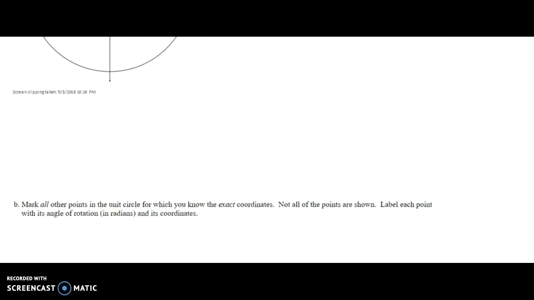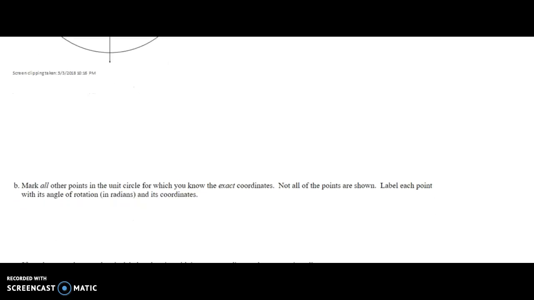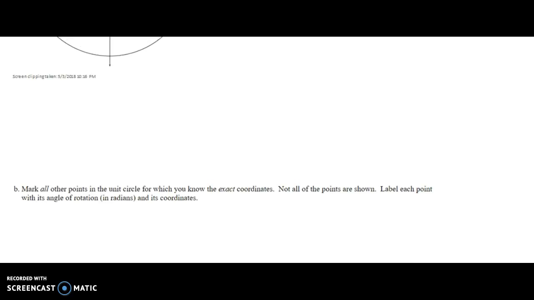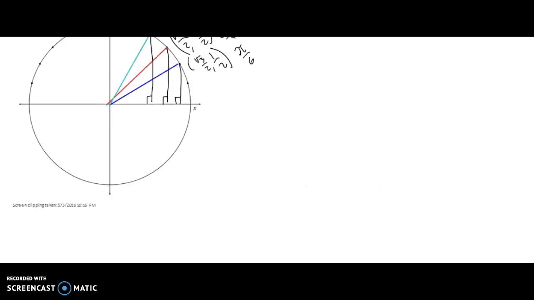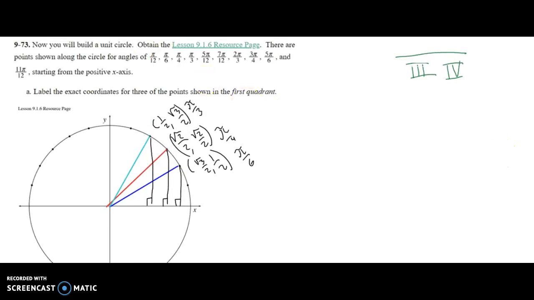But now, as we move on to part B, mark all other points in the unit circle for which you know the exact coordinates. Not all of the points are shown. Label each point with its angle of rotation in radians and its coordinates. So, let's try to use some of these same colors.